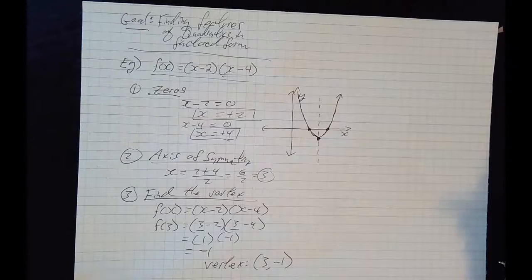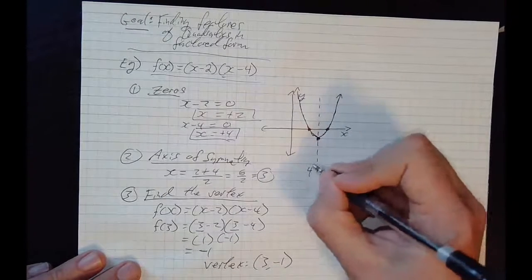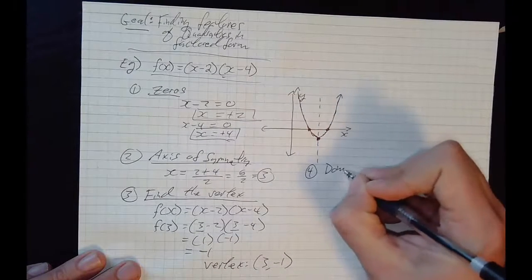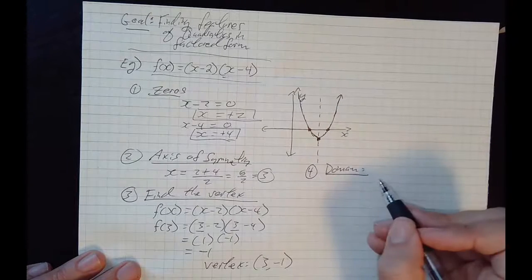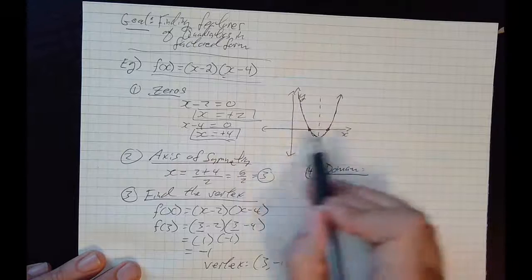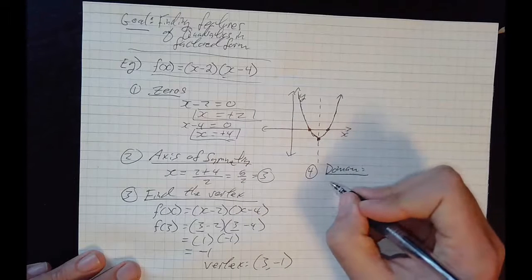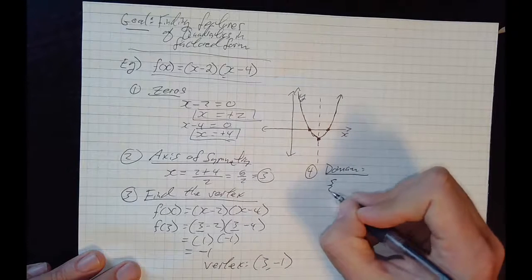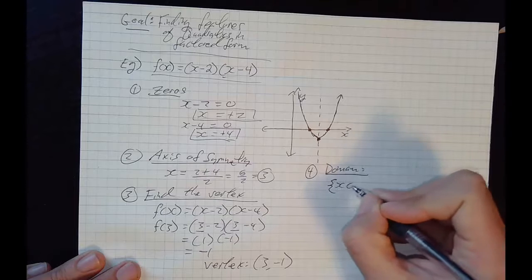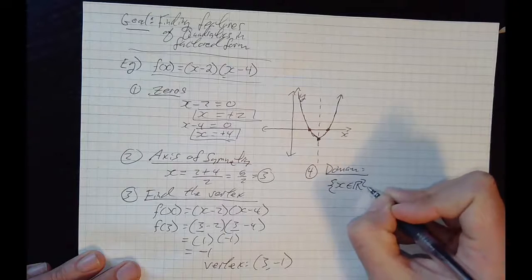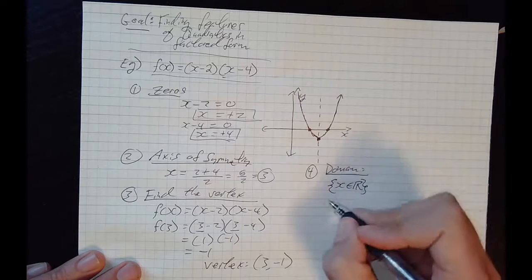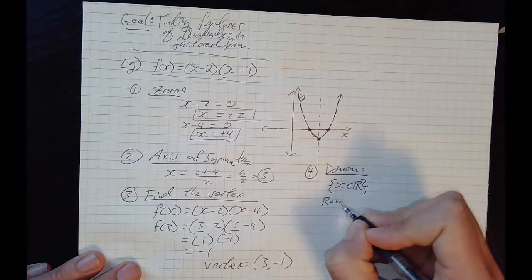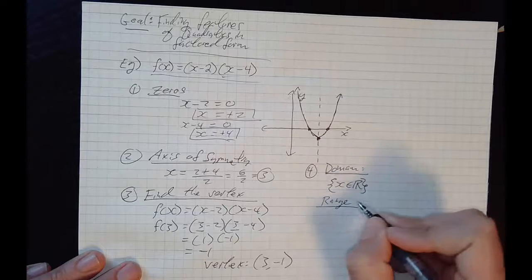My last step here is I'm going to state what my domain and range are. The domain, in words, x can be any value. So what I'm going to state for that is that x is simply any real number. So this belongs to the real numbers. My range, which are my function values.